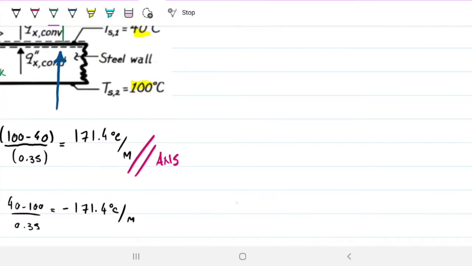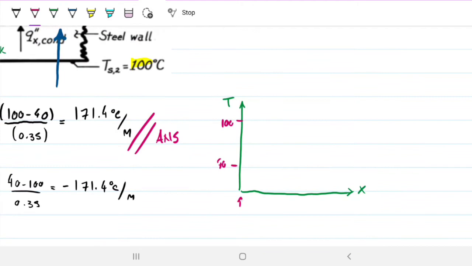Think about it: if we have temperature on one axis and x on the other, we're going to have 100 over here and 40 down here, with the bottom of the wall over here and the top of the wall over here. Top of the wall is 40 and bottom of the wall is 100, so it varies linearly, like so. Temperature is decreasing as x increases, so our dT/dx is smaller than 0, it's negative.